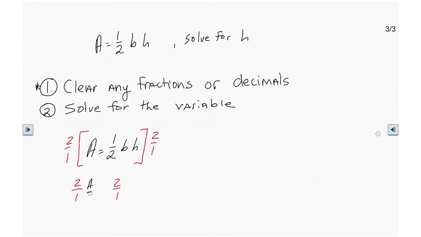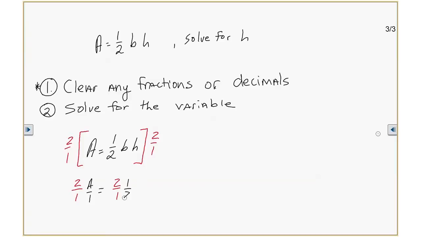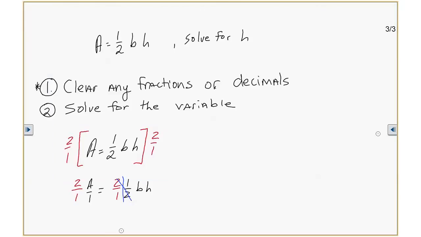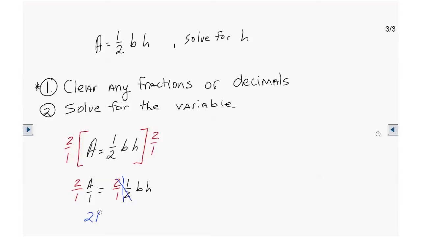A over 1 equals 1/2 base times the height. And what happens to our 1/2 and our 2 over 1? Cancels out to be 1. Okay. And this basically is 2A. So you get 2A is equal to base times height.